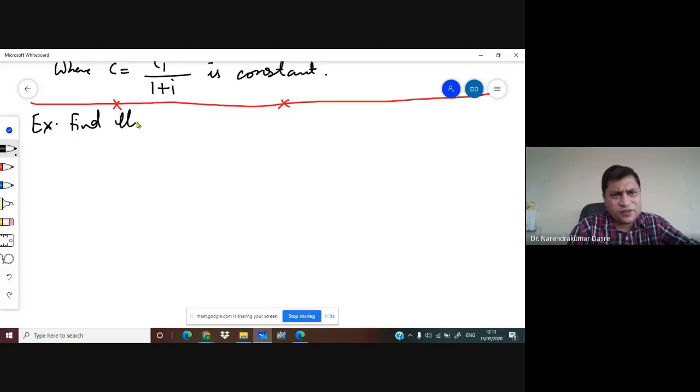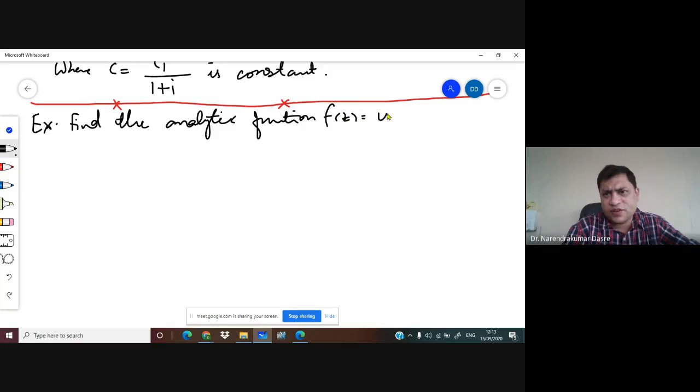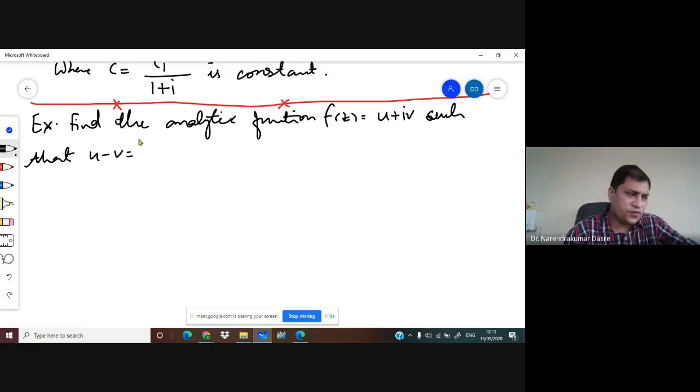Find the analytic function f of z is equal to u plus iv such that u minus v is equal to x square minus y square minus 2xy. So here it is given that u minus v is equal to x square minus y square minus 2xy. So we go with the solution.